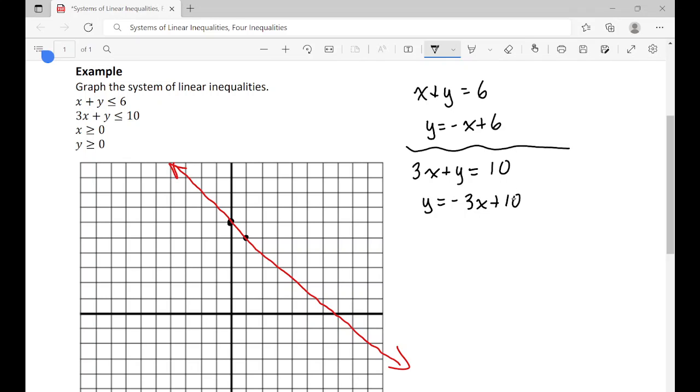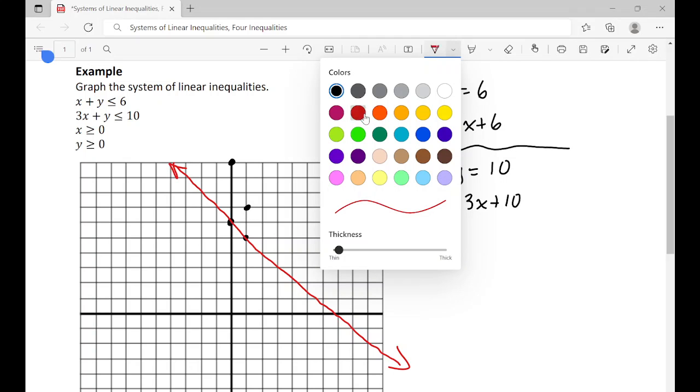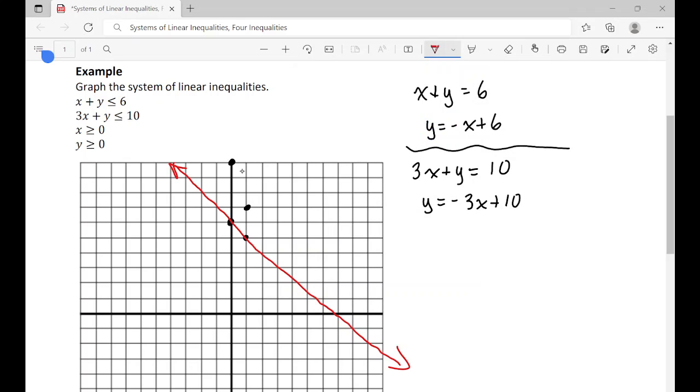So my y-intercept is positive 10, right here. My slope is negative 3, so down 3, over 1, right here. And I'm going to graph it. It's almost off the graph, but it just stays on. There we go.